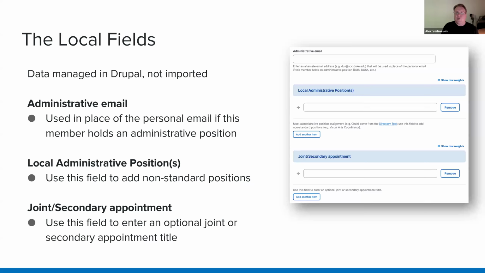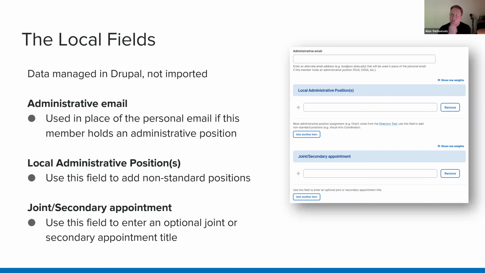Some more local fields that you have control over are administrative email. This is where you would enter an alternate email address for somebody that would be used in place of the personal address if that member profile holds an administrative position. So there are cases where departments set up a specific email inbox for their director of undergraduate studies.